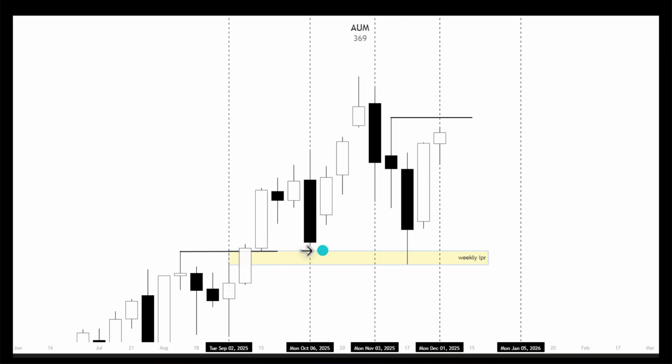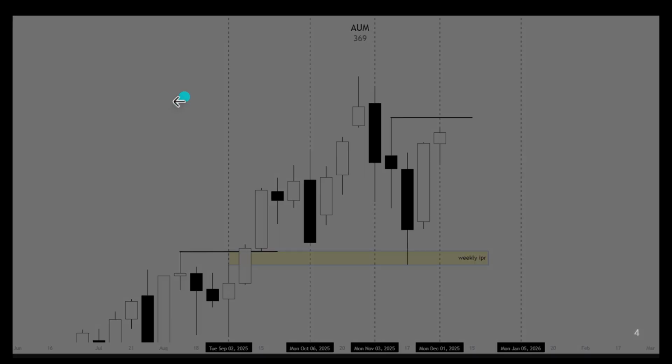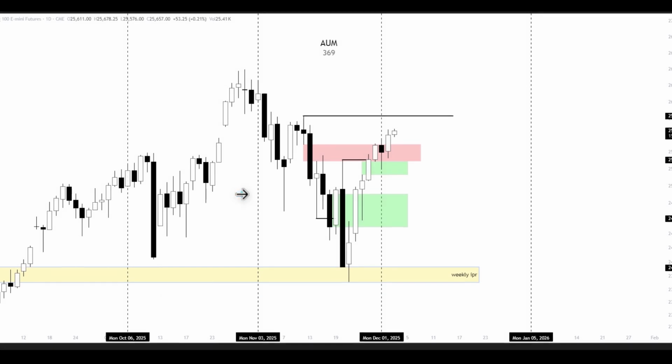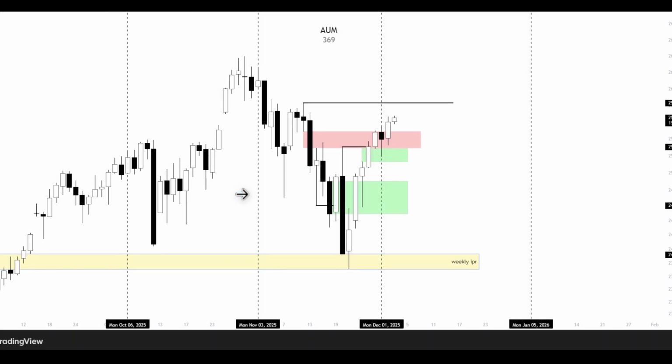This weekly IPR was considered of great value for the current direction of the market. Now we move forward to the daily time frame. Price supported this weekly IPR.